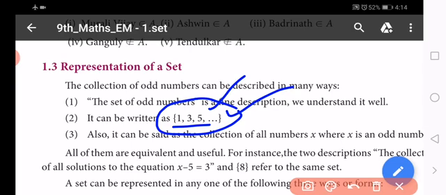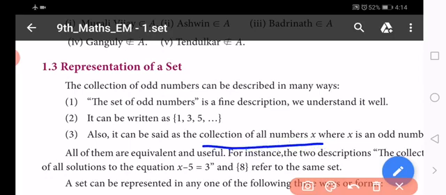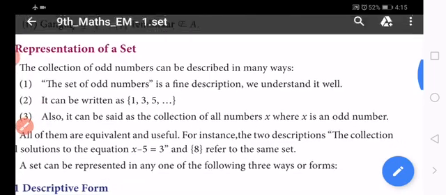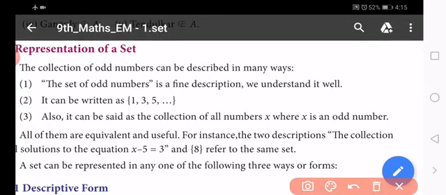And the third one, it can also be said as the collection of all numbers x, where x is an odd number. This is the third method. In this method, we say the collection of all numbers as x.